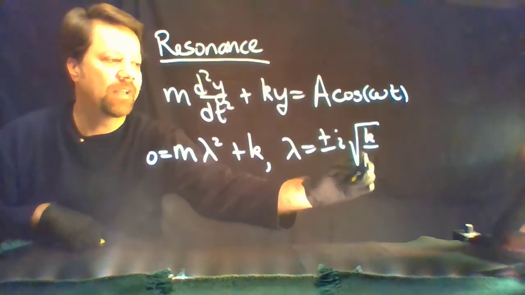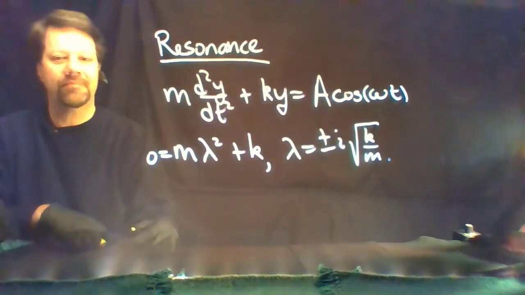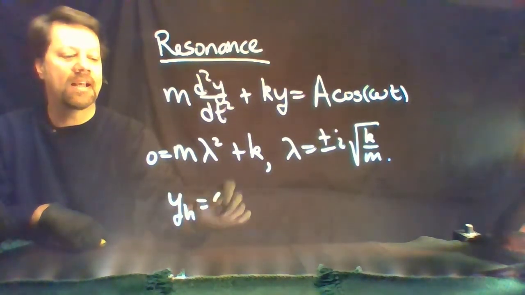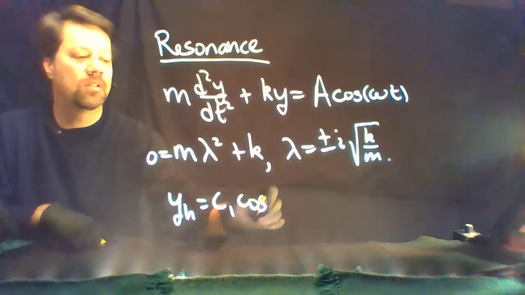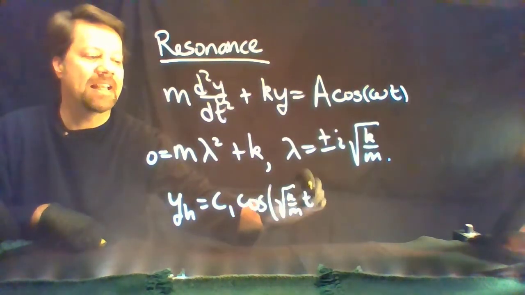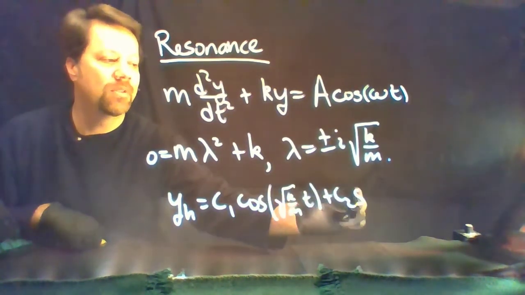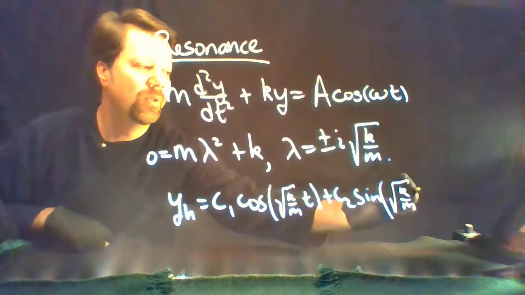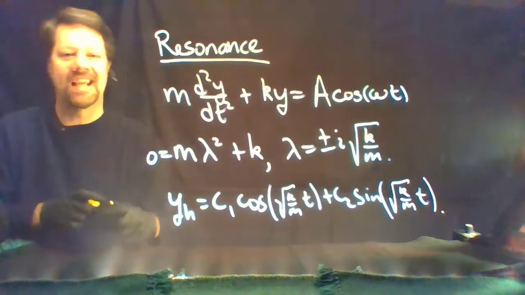We'll have the square root of k over m. This gives the homogeneous solution as C1 cosine root k over m t plus C2 sine root k over m t.